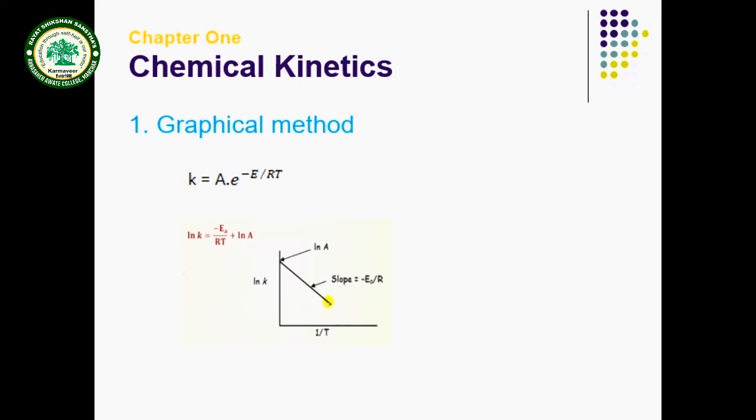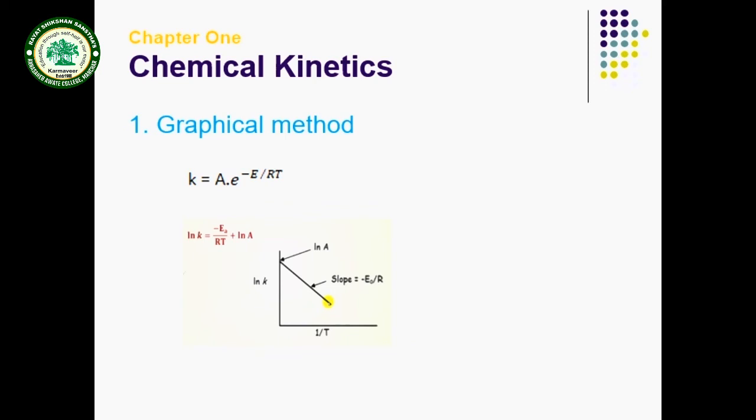So this Arrhenius constant capital A, or pre-exponential factor, can be obtained from this plot, and from this slope we can obtain the energy of activation. What is the slope? Slope is dy by dx. So y2 minus y1 divided by x2 minus x1 gives you the value of slope, that is negative.